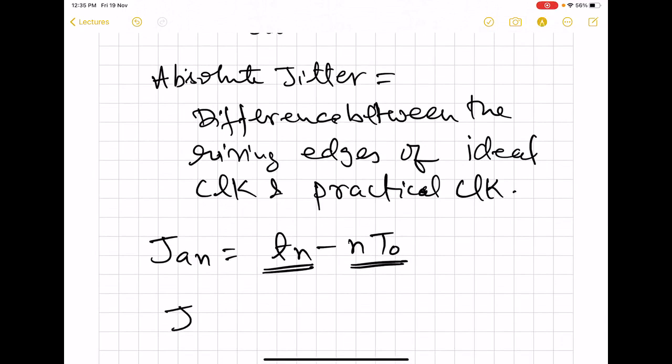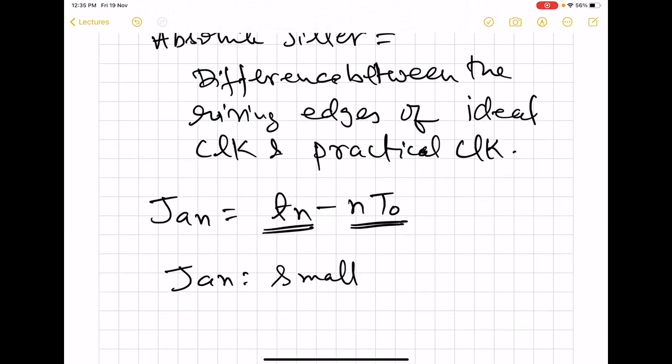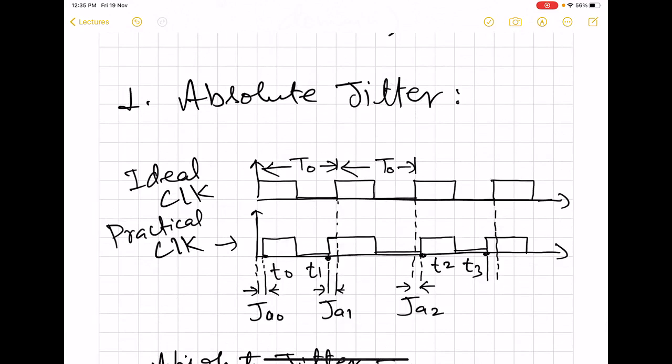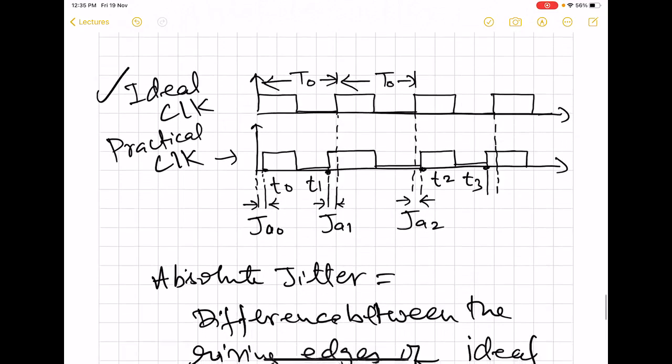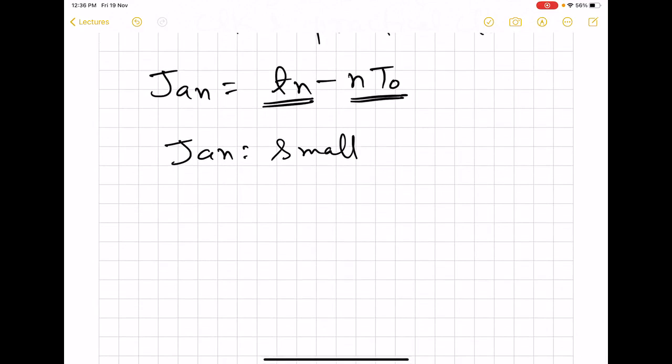And here, this is typically going to be small, but not always. And this could be random or deterministic, depending upon the nature of the jitter. So here we have defined these non-idealities of the practical clock with respect to the ideal clock. But in real life, unfortunately, we will never have this ideal clock. So this technique cannot be used in real life to characterize any practical clock.